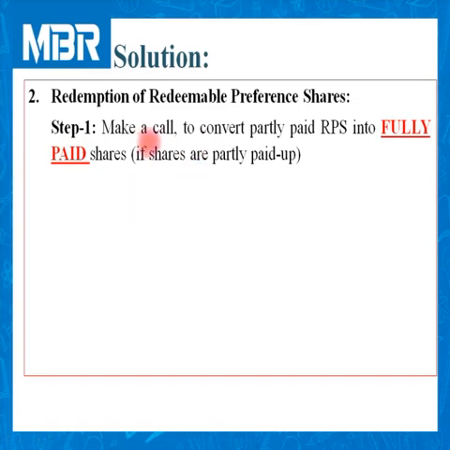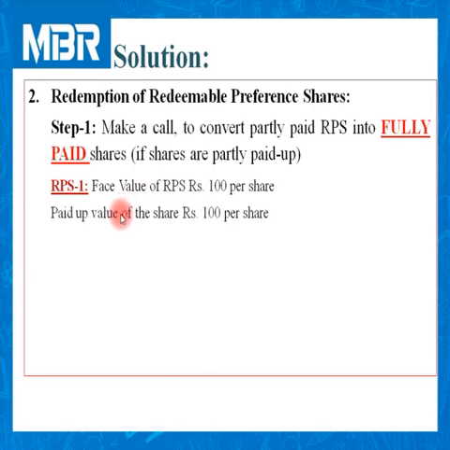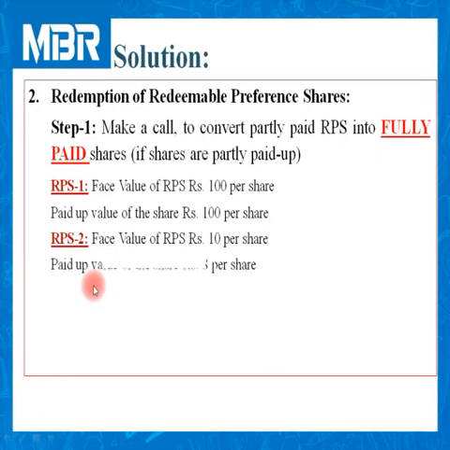Now, check the balance sheet of the question. We have two types of preference shares. First, redeemable preference shares. Face value is 100 and paid up value of the share is also 100. For RPS 2, face value is rupees 10 and paid up value is rupees 8.